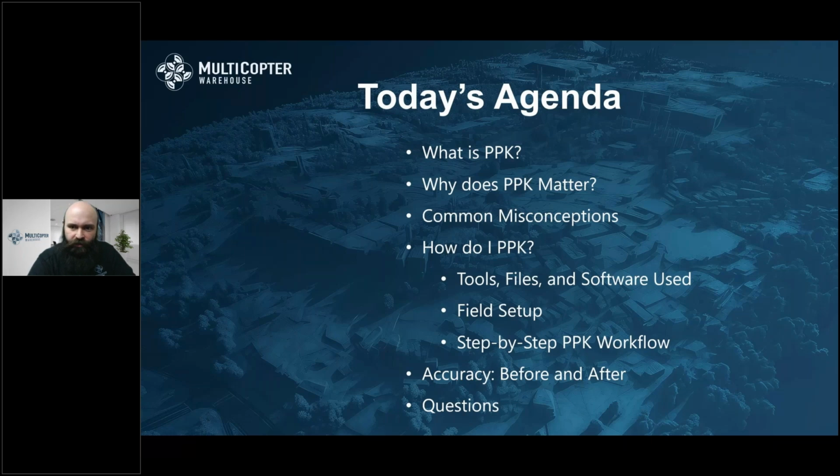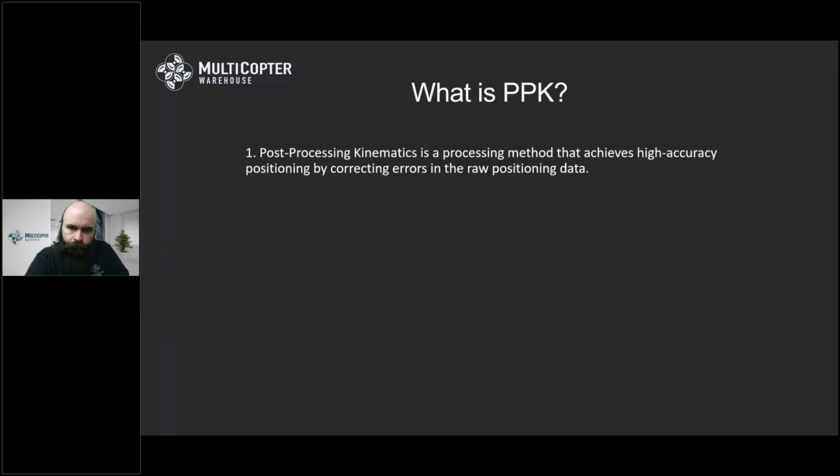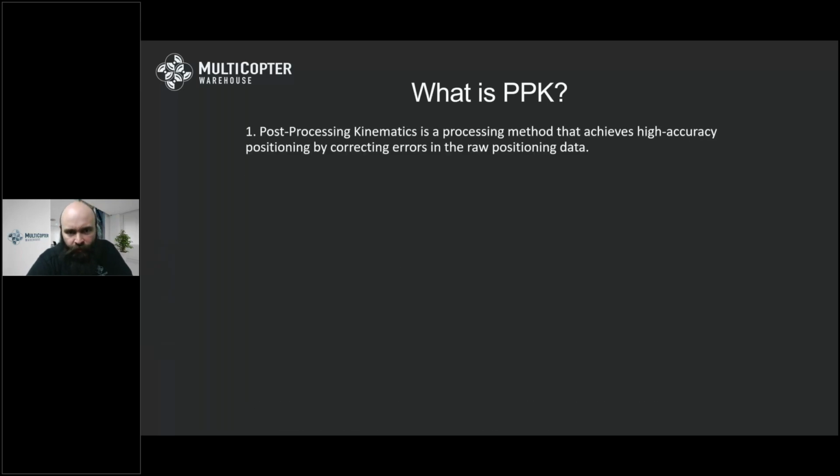So what is PPK? The basic definition of PPK is basically it's a method for correcting the geotags of your photos after you finish the mission. Post-processing kinematics is a processing method that achieves high accuracy positioning by correcting errors in the raw positioning data.